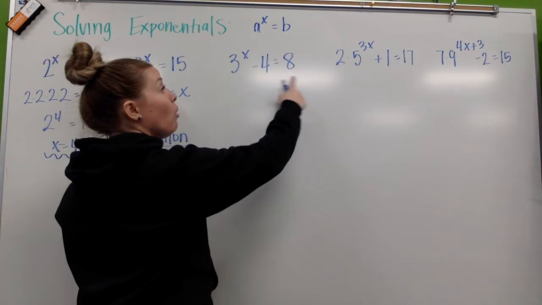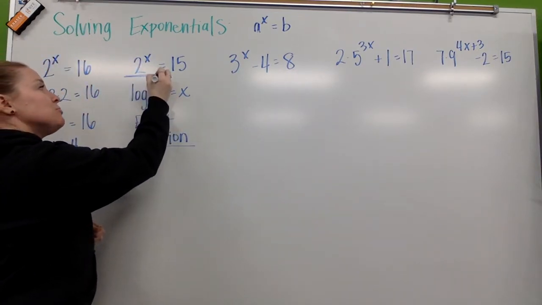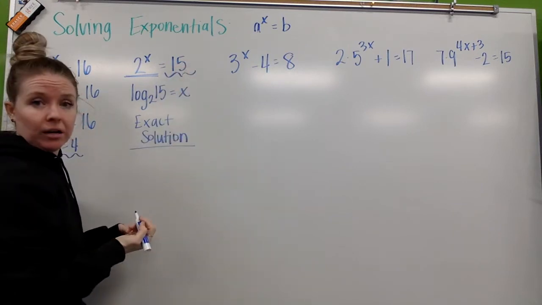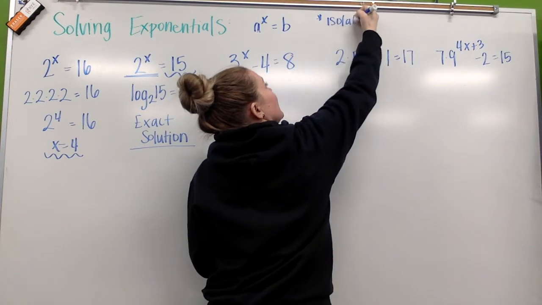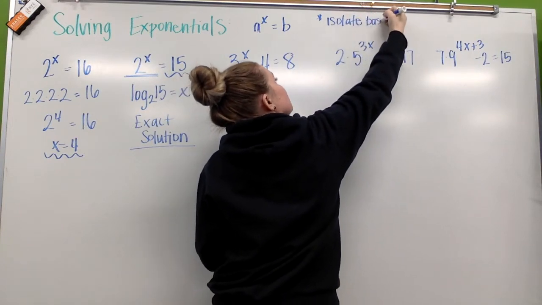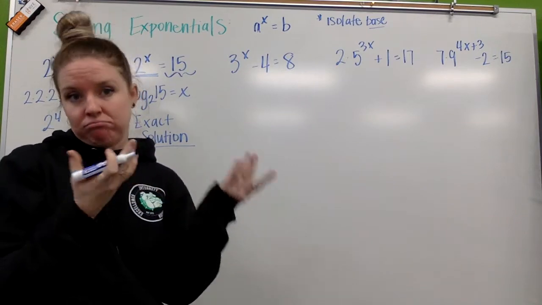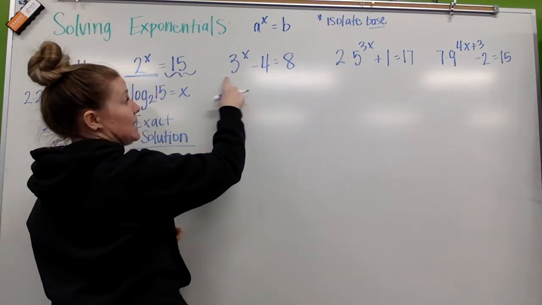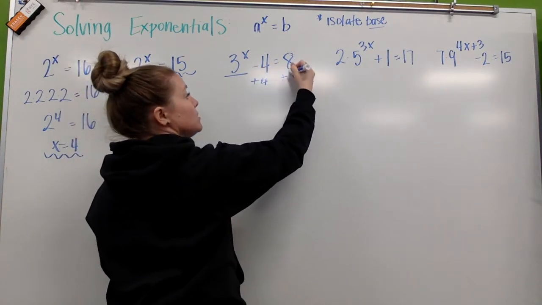Okay, our goal when we're solving these is we need to have our exponent equal a number. So my first step I want to make sure is we isolate the exponential, or we isolate the piece that has that base with the exponent. So here I need to isolate my 3 to the x. So I'm going to add 4 to both sides.